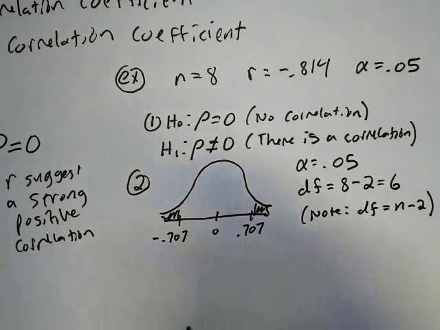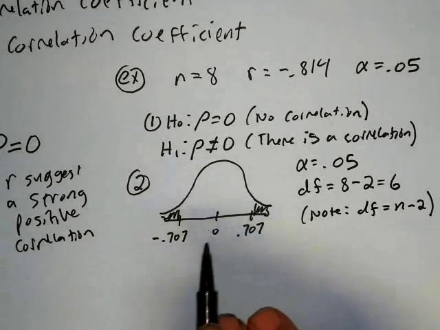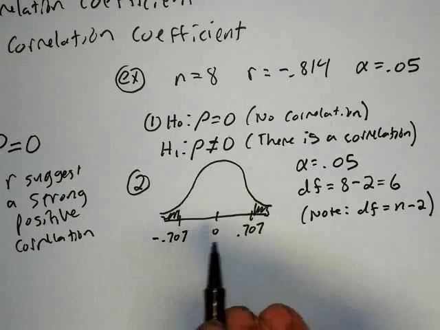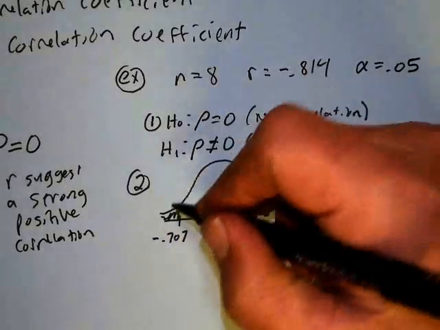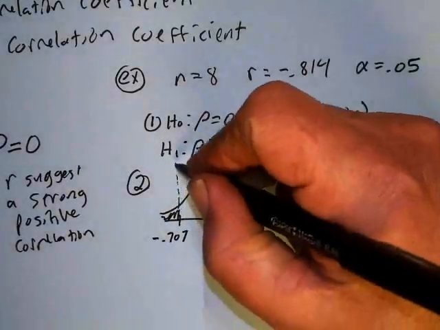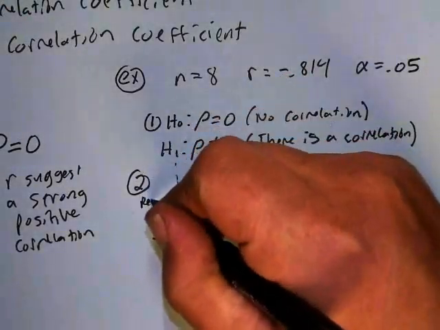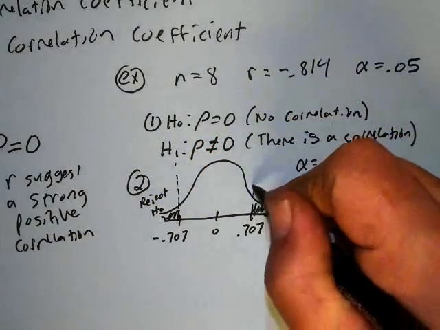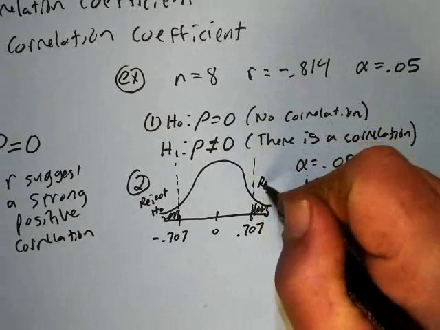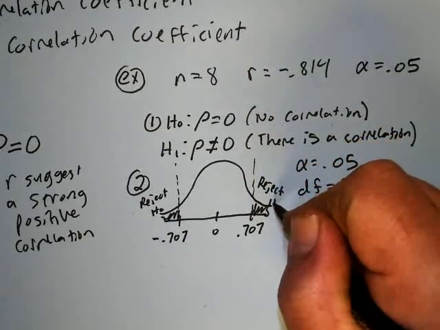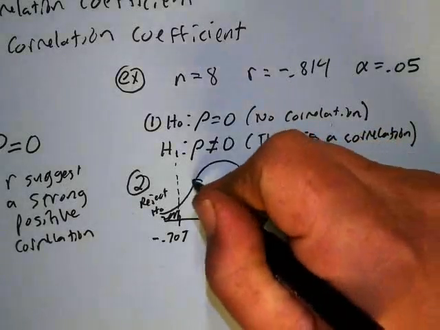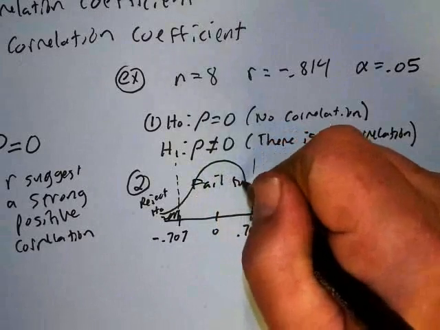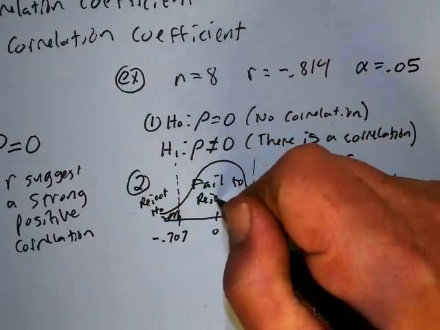The test statistic is actually going to be R itself, and you're going to compare it to these values here. So this side would be reject H naught, and this side over here would be reject H naught, and then in the middle is fail to reject H naught.